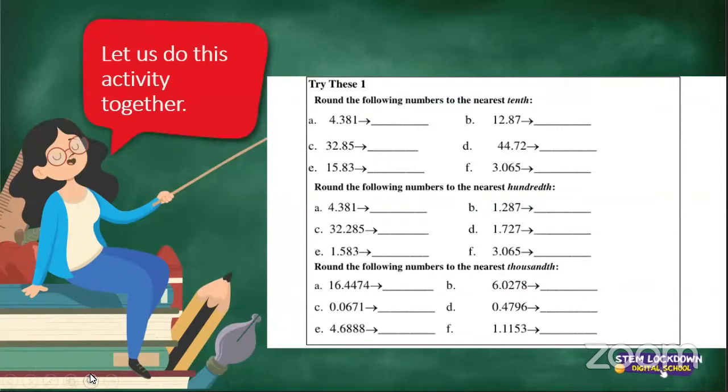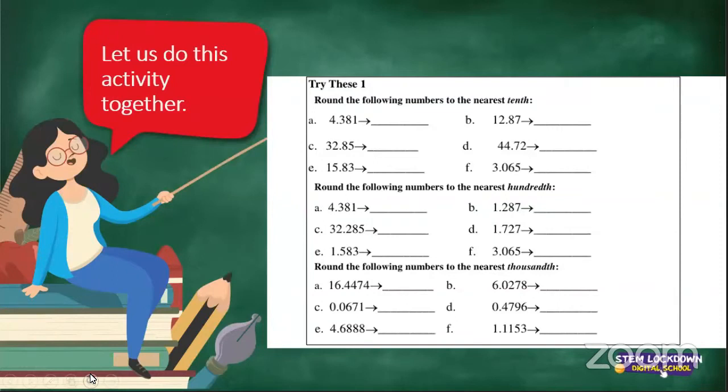And D says 44.72. So the correct one is 44.7. Thank you. E, we have 15.83. What is the correct answer for that one? The correct answer is 15.8. Thank you, Bontre and Shakira.